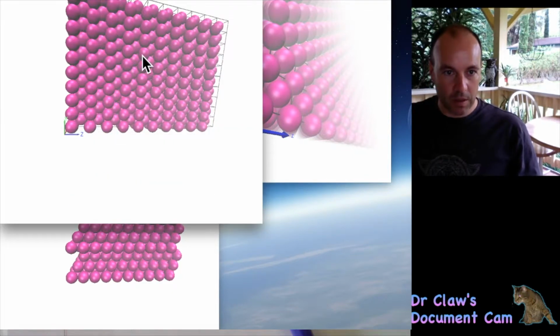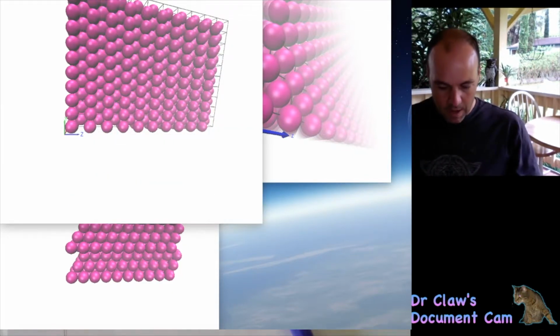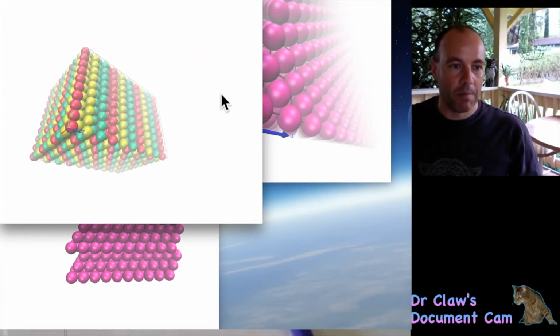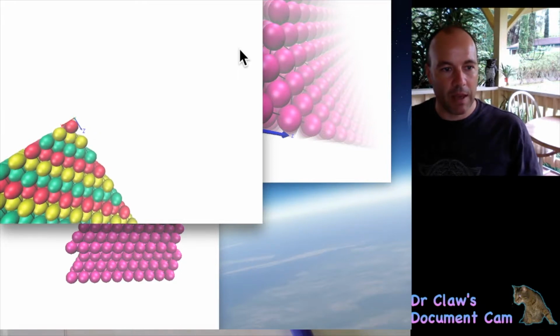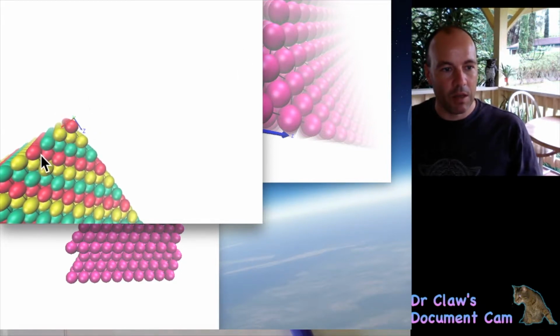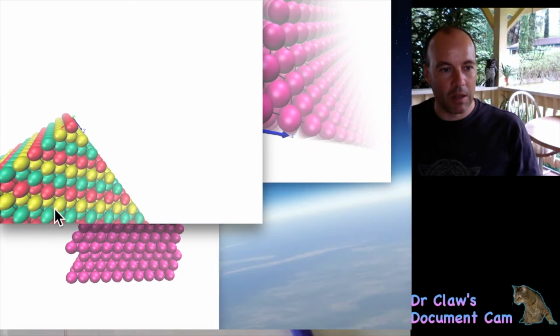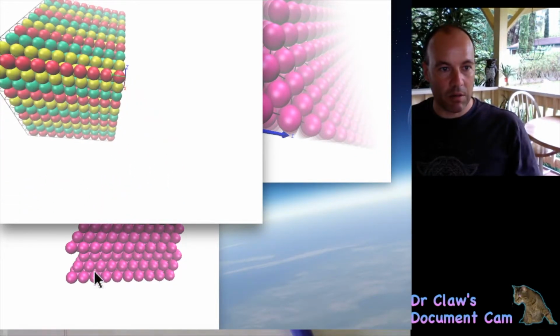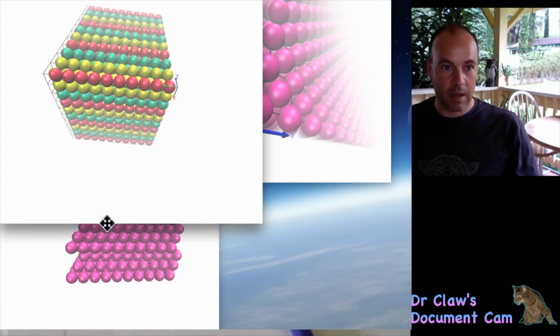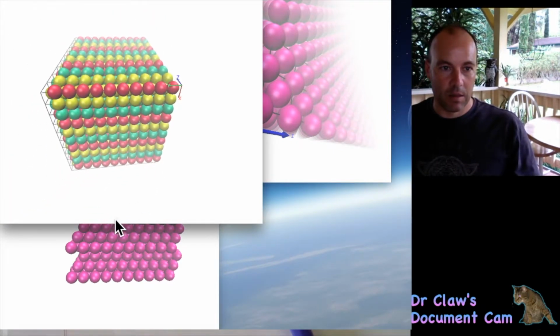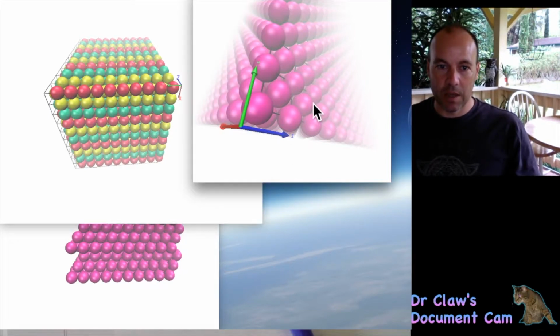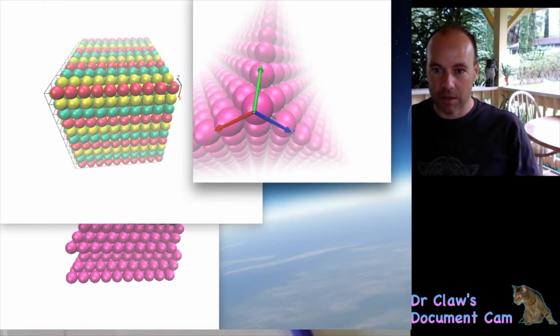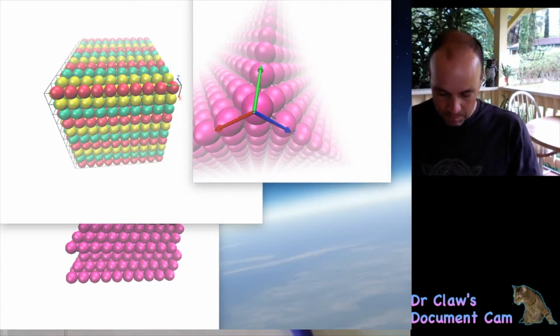So let's look at this one. We're going to color code that. Okay, you see this one actually consists of layers of red, yellow, green, red, yellow, green, red, yellow, green. Okay, and let's rotate that around like this. Now let's do the same thing for this. Let's color code this. There we go.